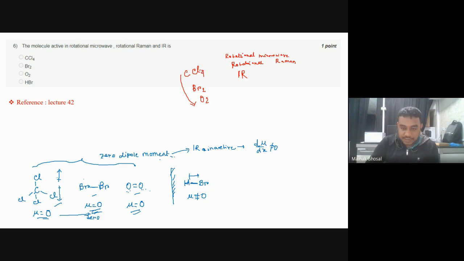And also for rotational Raman activity, your d alpha by dx should be non-zero, right? In that case only you can see this rotational Raman activity. But one thing is very necessary for microwave rotational spectroscopy. Whenever I was discussing microwave rotational spectroscopy, I was telling that the main condition is that the molecule should have a permanent dipole moment.